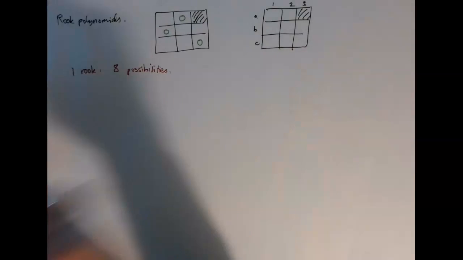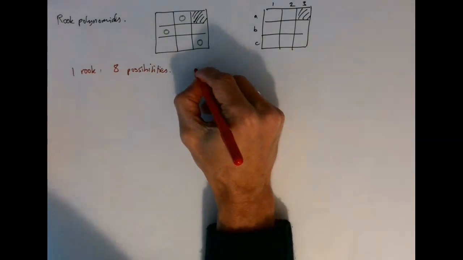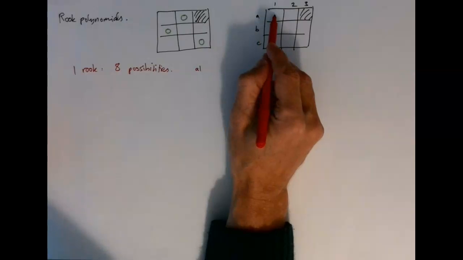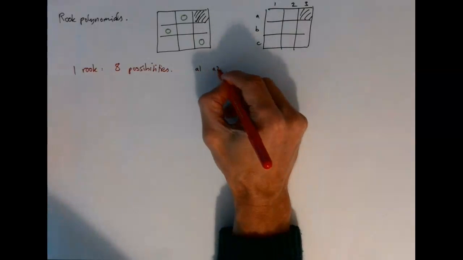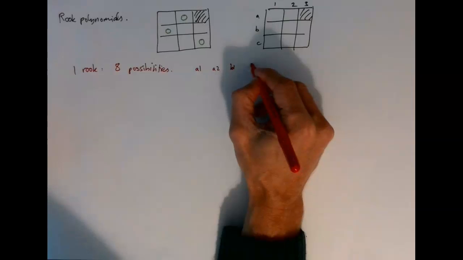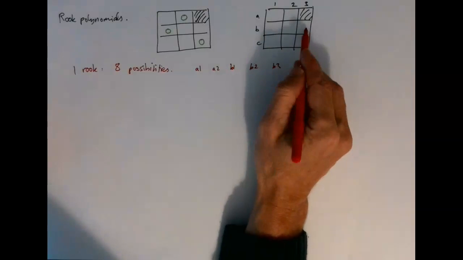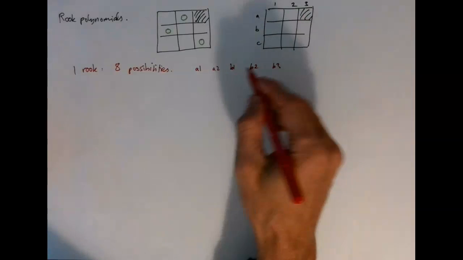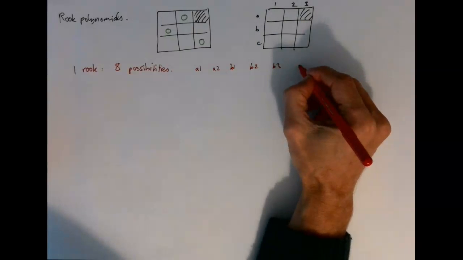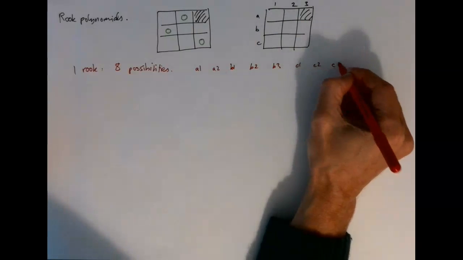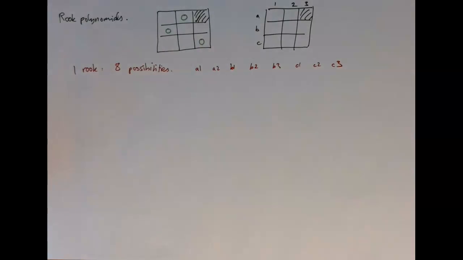We can now list these more explicitly. We can have A1, we could place a rook there, or A2, or B1, B2, or B3. Not allowed A3 because that's the one that's blocked off. We can have C1, C2, or C3. Okay, so there's our 8 possibilities.